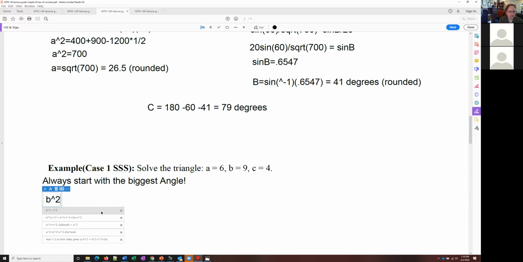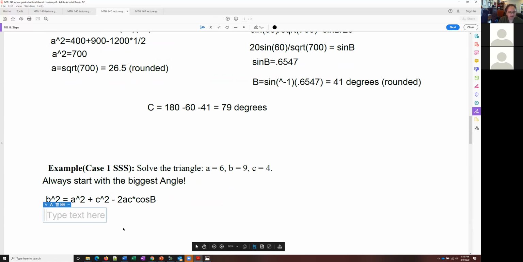B squared is equal to A squared plus C squared minus 2AC times the cosine of angle B. B squared, well, we're going to do 9 squared equals 6 squared plus 4 squared minus 2 times 6 times 4 times the cosine of angle B.